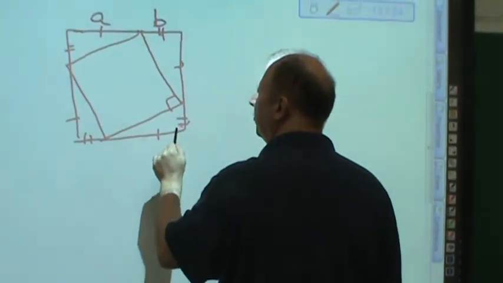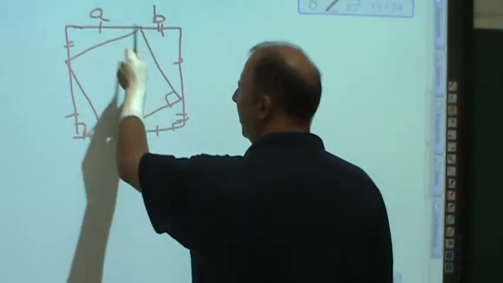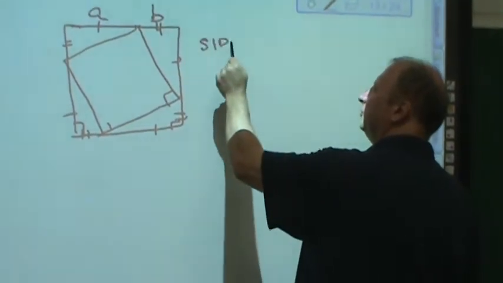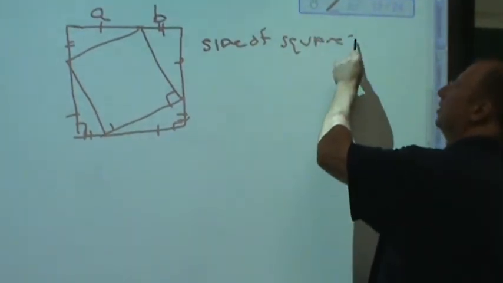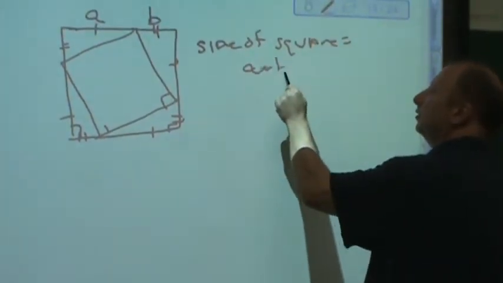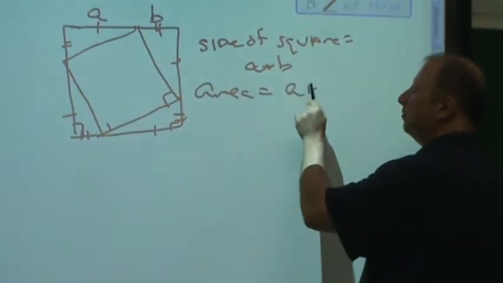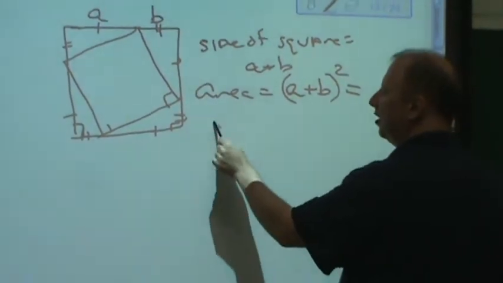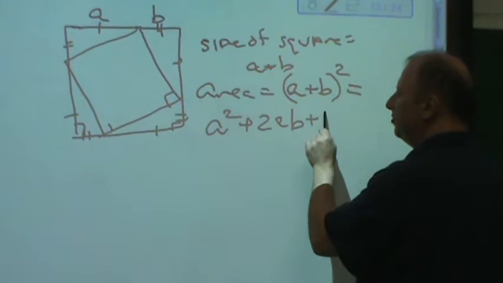And I'm starting out with a square. So let's look at this. The area of the whole thing. Well, the side of the square equals A plus B. So the area is A plus B squared, which is A squared plus 2AB plus B squared.